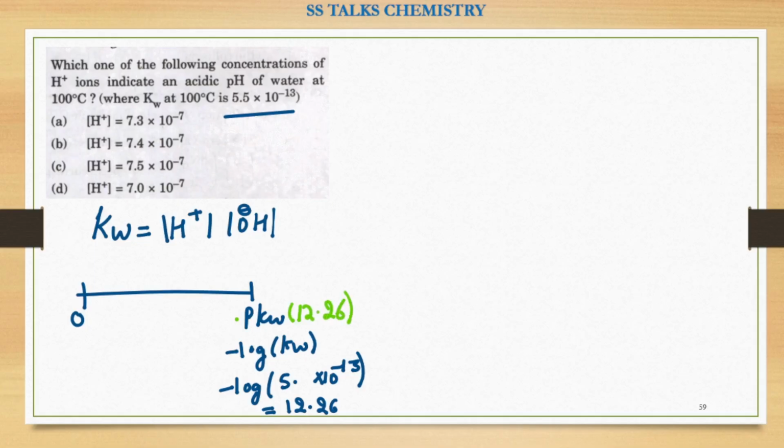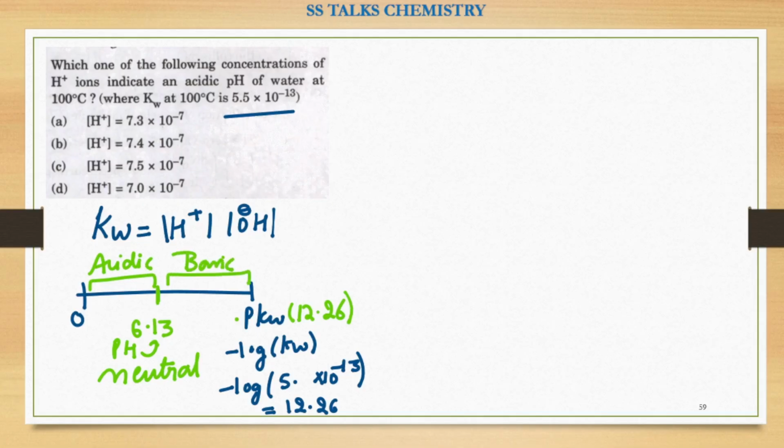The midpoint, lying in between, is 6.13. At this pH value we will have the neutral solution, because in general we say 0 to 14 is the pH scale and in between, at pH 7, it is the neutral solution. Below that it is the acidic medium and above that it is the basic solution. Right?